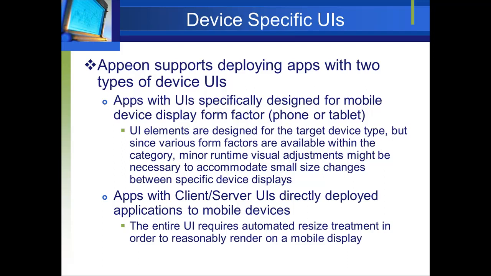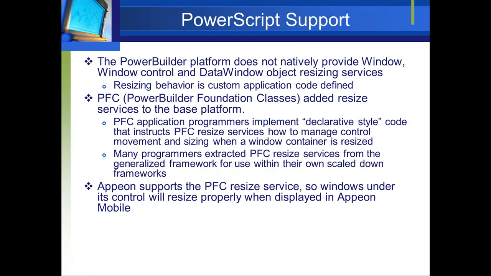Well, that's basically the size of a UI on a tablet. In which case, things are going to work and deploy pretty smoothly directly across without too much change for the UI, assuming that your controls are adjusted for the touch experience versus the mouse experience. But there might be small variations within that range too, in which case you might need some automated resize treatment. So that's the whole idea here about device-specific UIs and adjustments within the category.